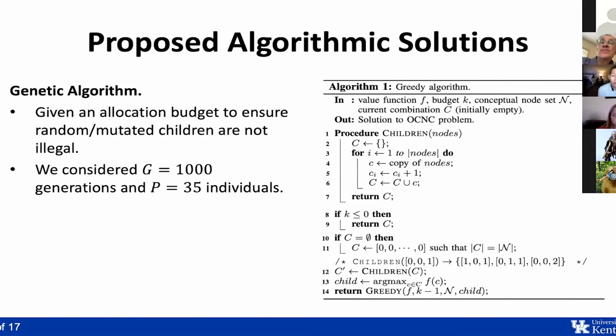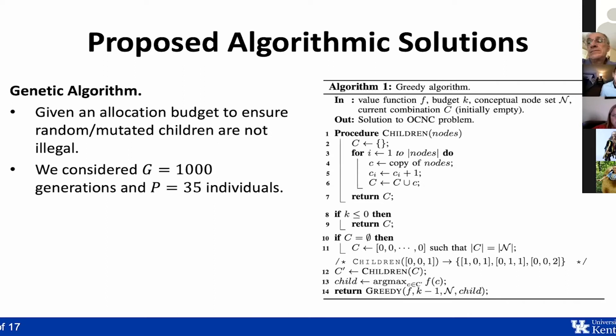As for our greedy algorithm, it initially starts off with a vector of 0 conceptual nodes being allocated. It then performs a search where it creates the children. It considers this like a tree search problem, where from the root, where all of the conceptual nodes being allocated are 0, it instantiates the children, where there's 1 conceptual node being allocated for each of the conceptual nodes we're considering.